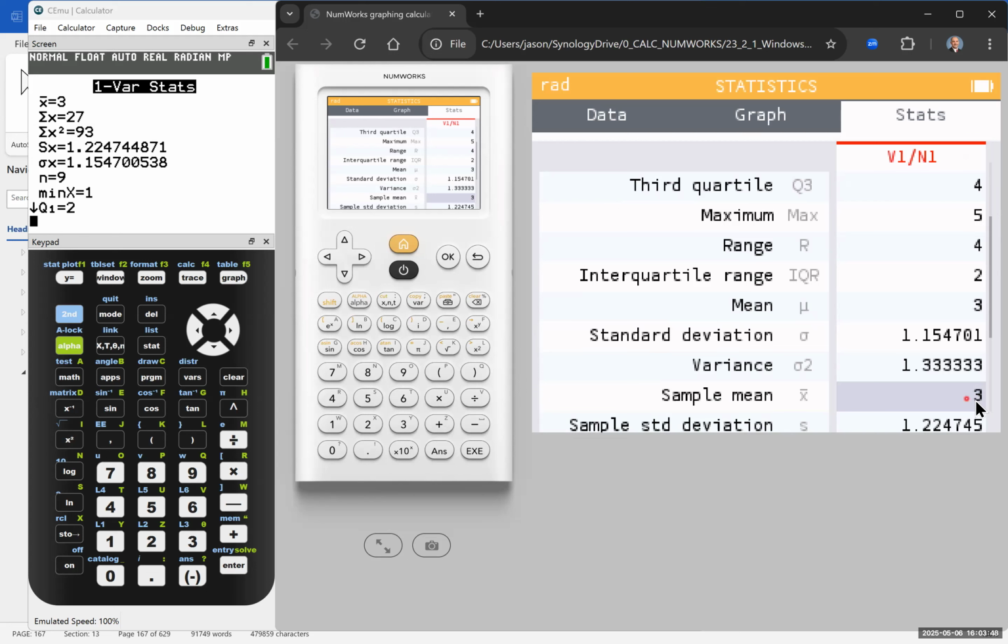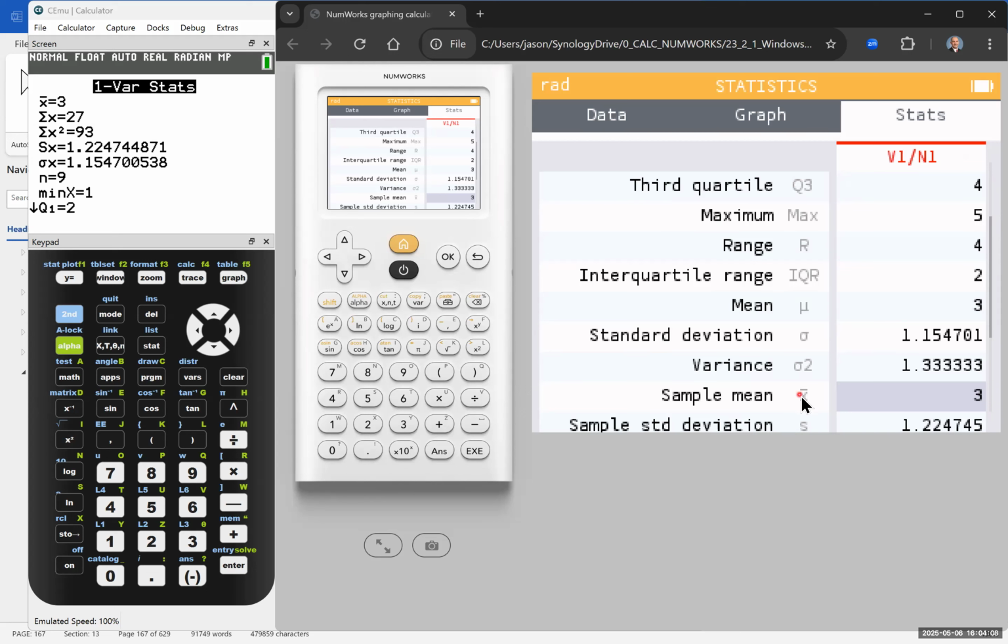Then I would store this in a variable, and I would choose a variable that represents the value it's holding. So I'm going to store this in capital M for mean.